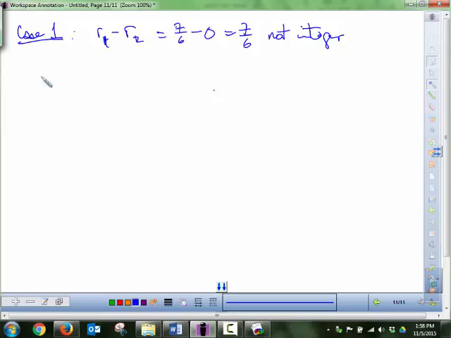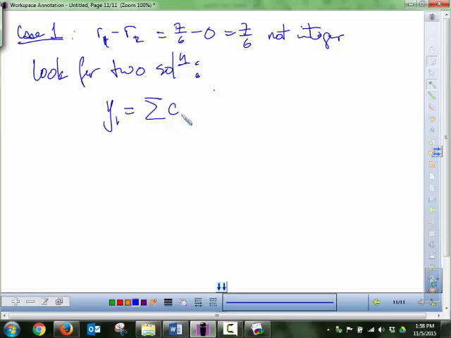So we have 2 solutions that we're going to look for, of the form y1 equals a power series solution, sum of c sub k x to the k plus 0.